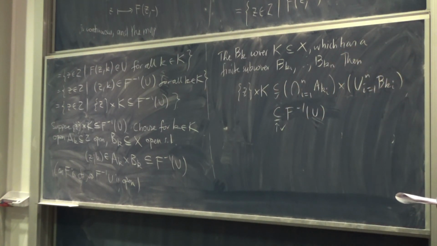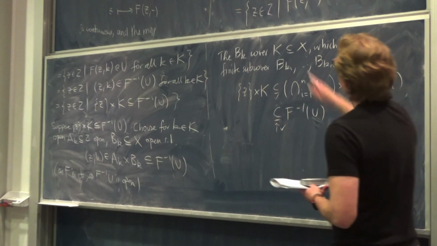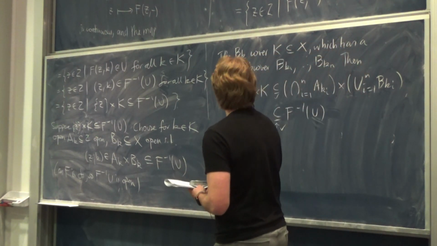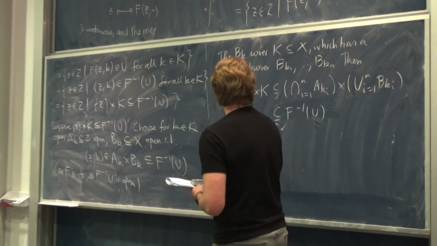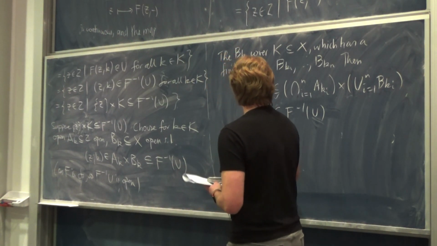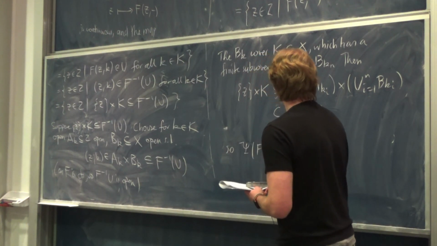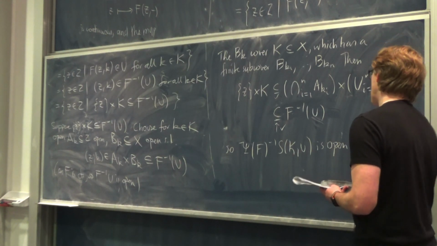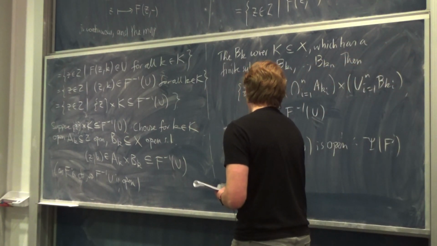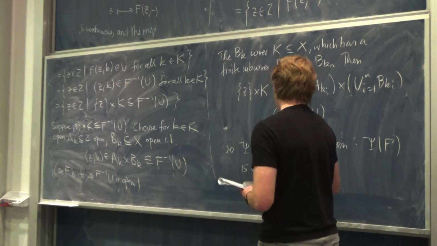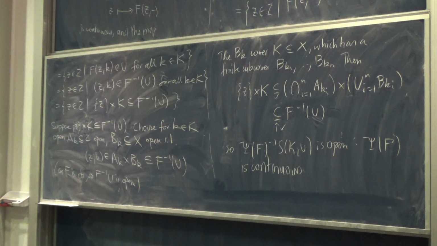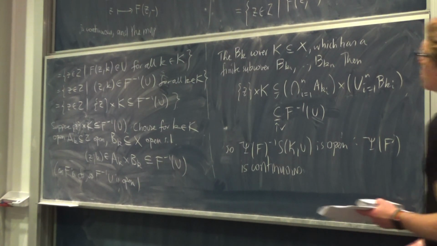All right, so we're done. We've shown that any z in Z has an open neighborhood which is also contained in that set. So psi f inverse of S_{K,U} is open, and therefore psi f is continuous. I'll stop there. That's the first part. That gives us that psi f is continuous, and then we still have to check it's a bijection.